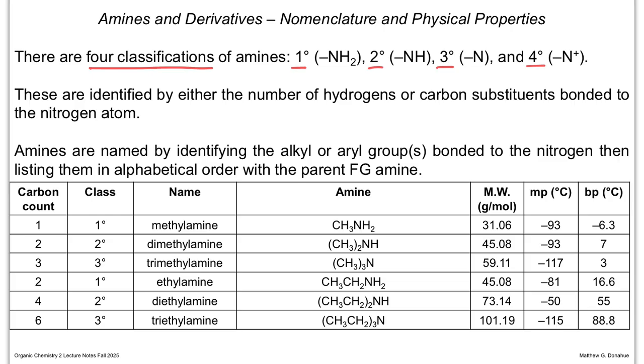So let's look at this carbon count 2 and then this 2 here. In this second one, I've just used both carbons to make a longer chain, but now it's a primary amine, so ethylamine.